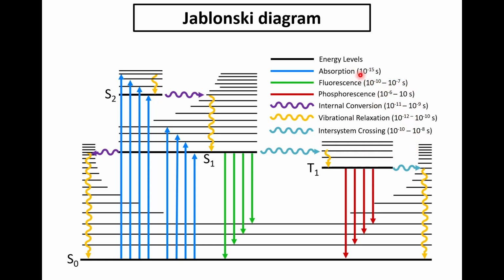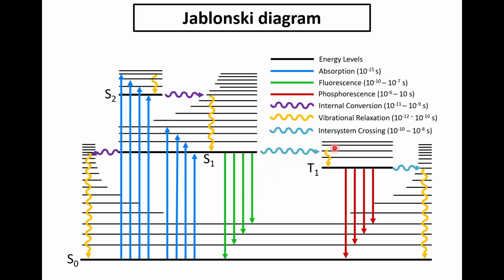The absorption is 10 to the power minus 15 second, so it is on a very small time scale, whereas the fluorescence is in the range of 10 to the power minus 10 to 10 to the power minus 7 second. These times are also very important, in terms of which lifetime what is happening.